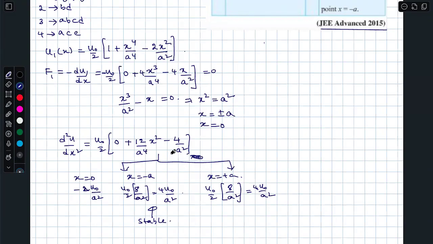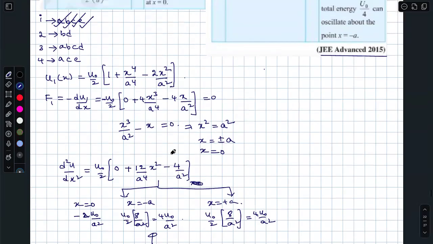Mains is a physical paper. Usually they conduct it in the month of April, and after a 40 days gap, they will conduct advanced. Mains was a difficult paper that year, advanced was also difficult. In 2015, below average and average students suffered a lot.